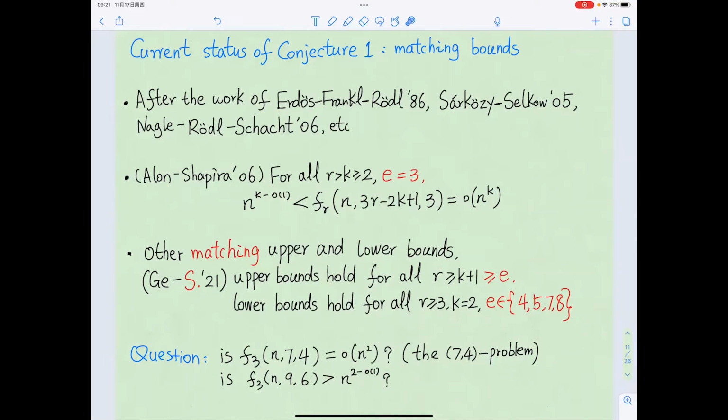The first case that is not covered by this result is when r equals 3, k equals 2, and e equals 4. This is the (6,4) problem, which asks if the 3-graph is (6,4)-free, then the number of edges has order little o of n squared.